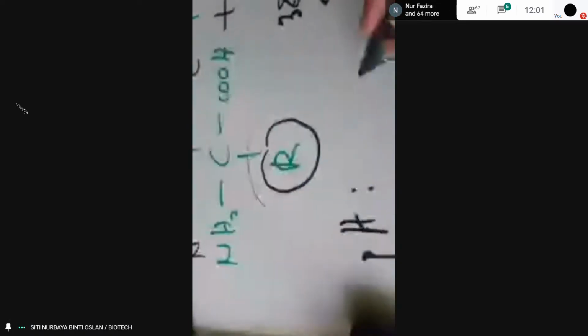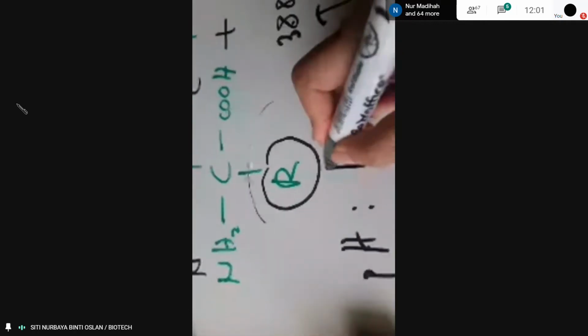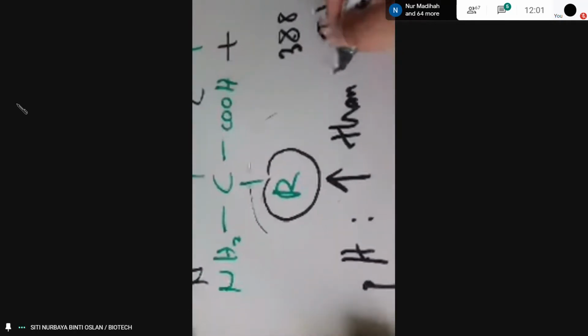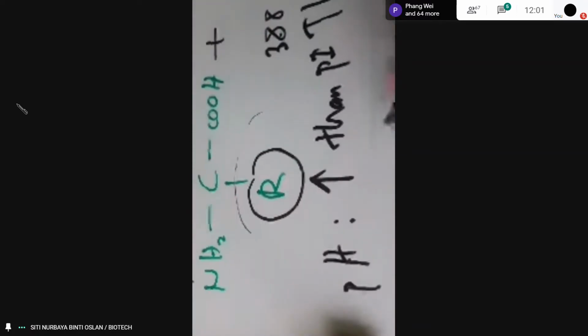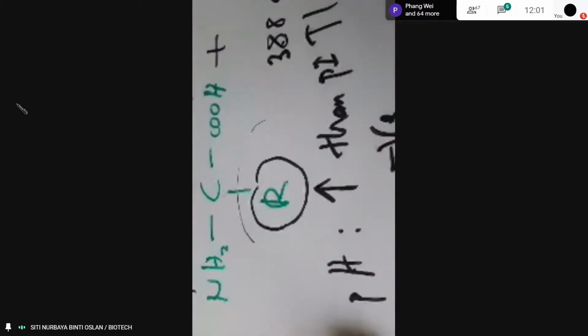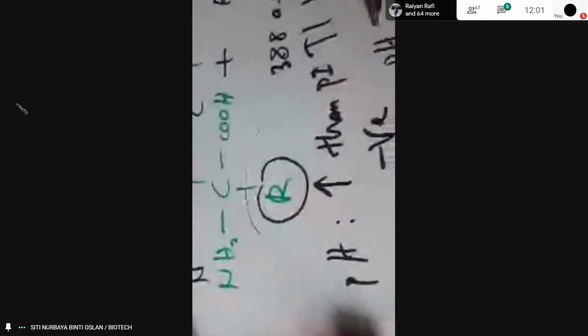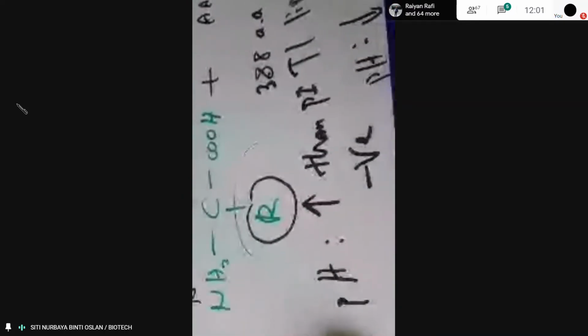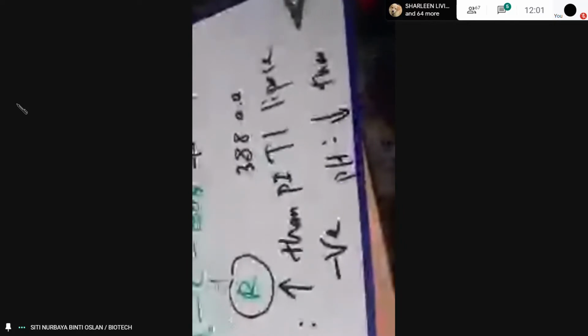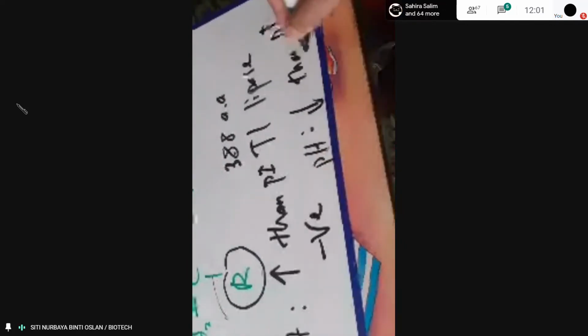Based on the pH, right? If the pH is higher than PI, the protein will be negatively charged. If the pH is lesser than PI, the protein will be positively charged.